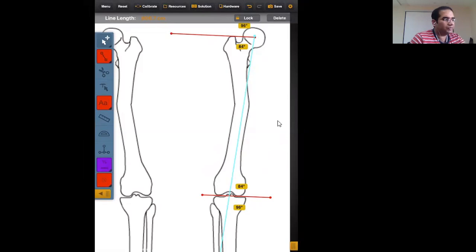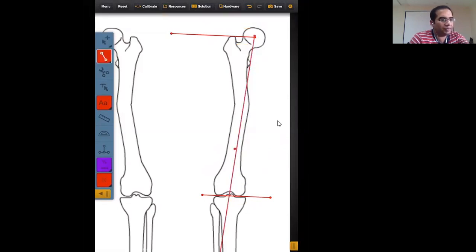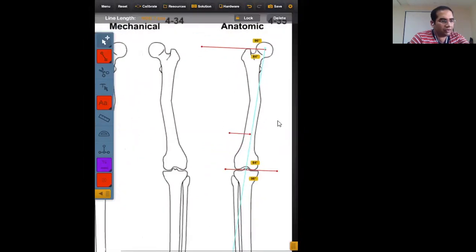So let us first draw the reference lines. As I told you earlier, it is recommended that you draw the reference lines using the rule of 3 lines.